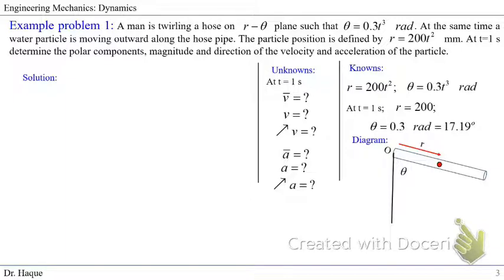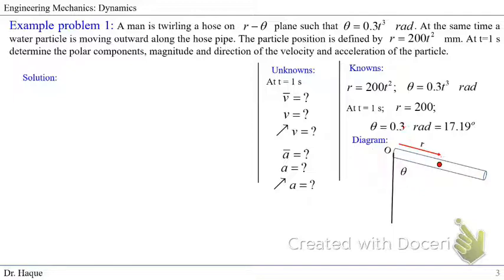The red dot is the particle inside the pipe, moving from the origin O, and the pipe is rotating in this direction. The current position is theta, which is 17.19 degrees, and this is our particle. It is moving along the pipe.